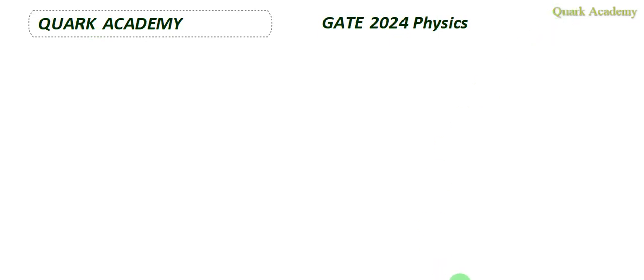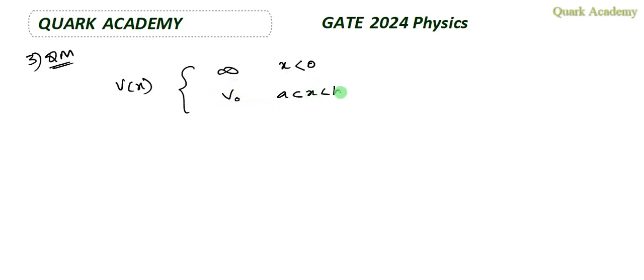And the next one, it's from quantum mechanics. So here they gave a potential, they defined a potential. So the potential is like it was infinity when x is less than 0, and it was having some V0 from a to b, and it is 0 when x is greater than b.